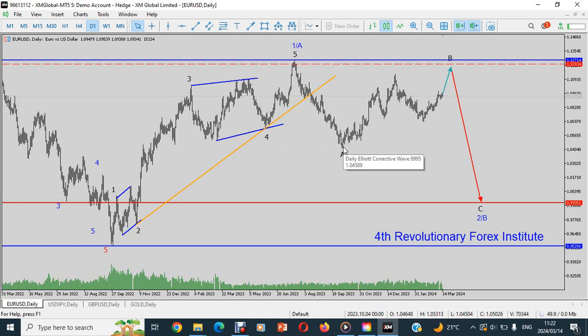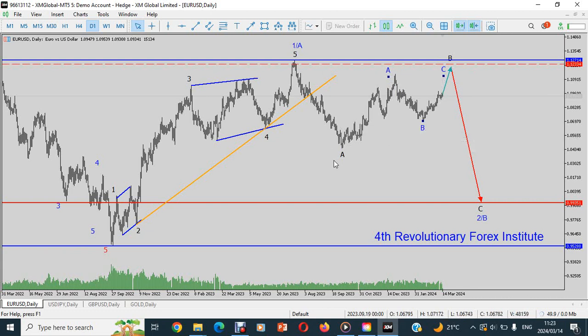So now, when we are looking at the daily time frame, we can see that the market has formed wave A, and we're expecting the market to complete wave B, because we can identify wave A, wave B, wave C. Based on Elliott wave theory, wave B is formed by 3 waves, which is wave A, wave B, wave C, or sometimes it might be formed by wave W, wave X, and wave Y. But in this case, this might be a zigzag pattern.